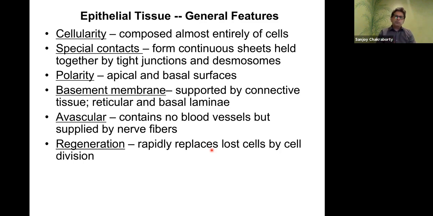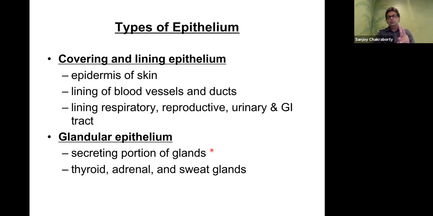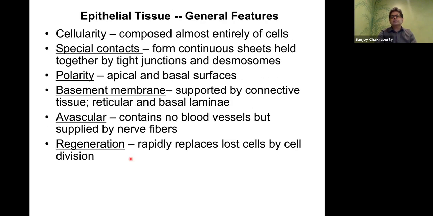Now, one very important thing is, as I mentioned earlier, that epithelial tissues are two types. The one that we discuss here, all the covering. The other one is glandular epithelia, all the glands, exocrine and endocrine, both types of glands. Now, a very important, interesting feature about glandular epithelia: they don't follow these characteristics.